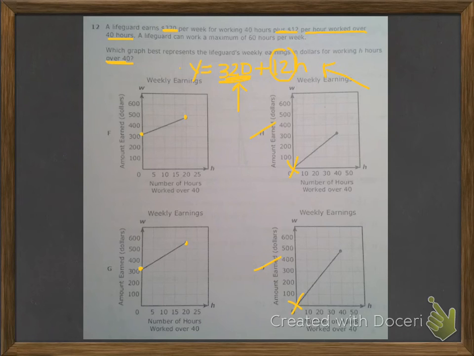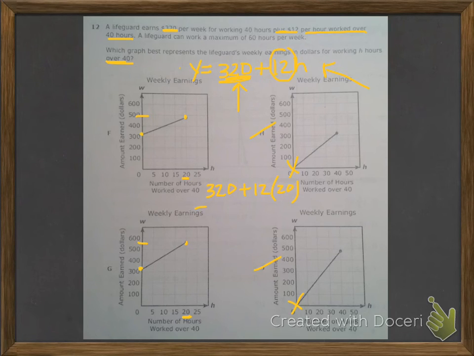So that would be when my H is 20 hours. So I'm going to take my equation. I've got 320 plus 12. This time we're going to do 20 because that's the X value right here at both of those points. I need to figure out, well, what's the Y value going to be?